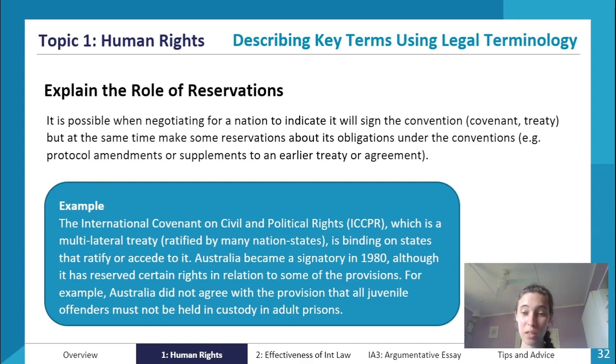That sometimes does happen in Australia, so it made sense that they decided to make that one of their reservations. That means that when that does happen in Australia, they're not actually breaking what they agreed to, because they do have that reservation in place. So it definitely serves an important purpose with situations like that.